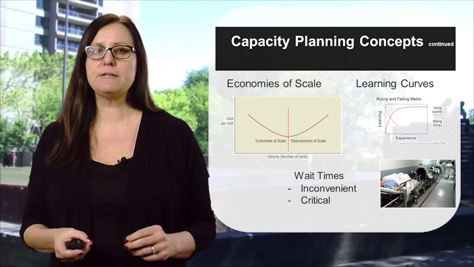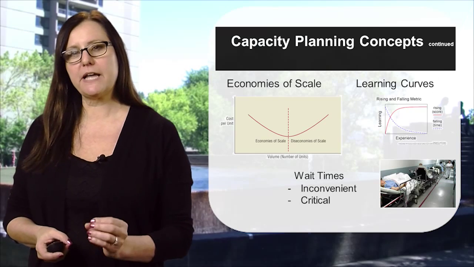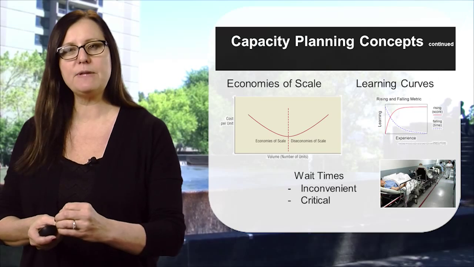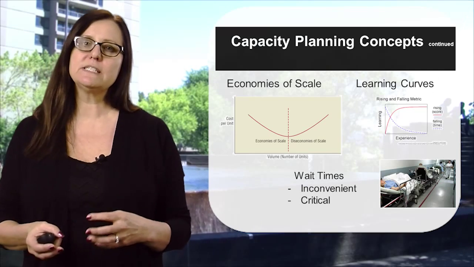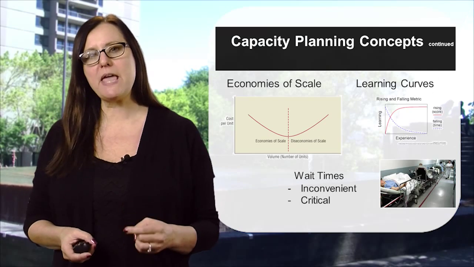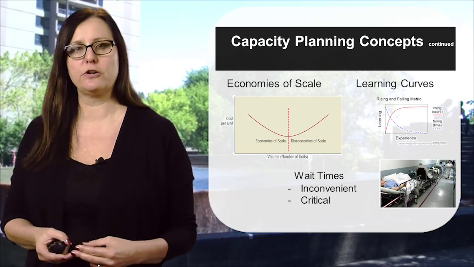So other capacity planning concepts. Now when you've identified the bottleneck or the critical process that's limiting that capacity, you can take a look at ways to improve it. Now, you're going to make improvements with economies of scale, we've heard about that, and learning curves.